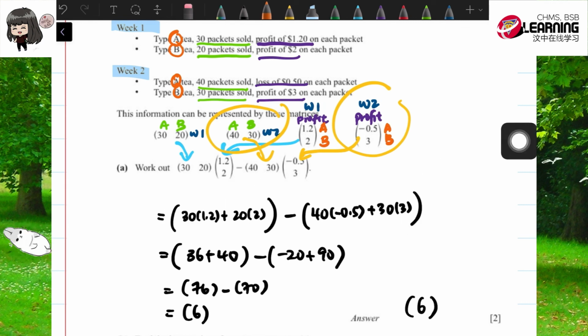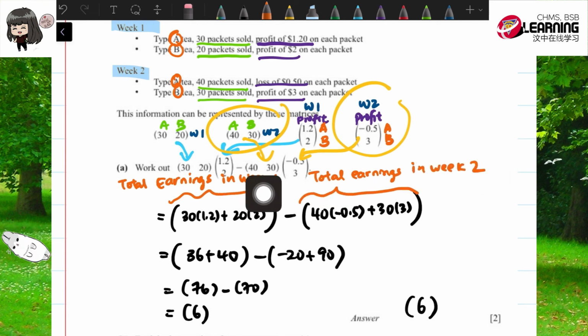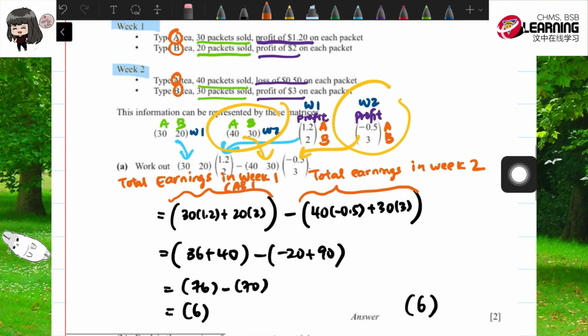This one is the total earnings in week 1. Okay, and this part here is the total earning in week 2. Both are also type A and B, this one also type A and B.